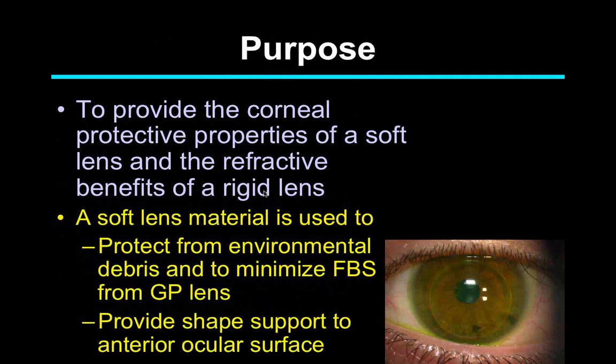If you have a very flat corneal graft, where you have a raised wound and a normal paracentral area, you can actually increase the central thickening, the central curvature, by putting a low plus silicone hydrogel over the eye and give you some actual shape support.